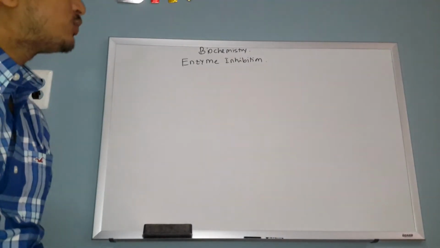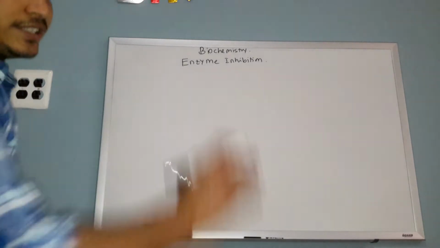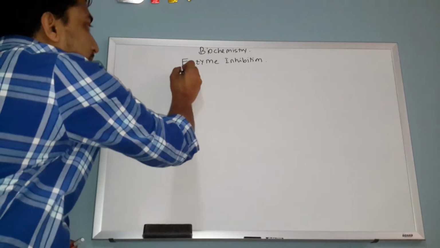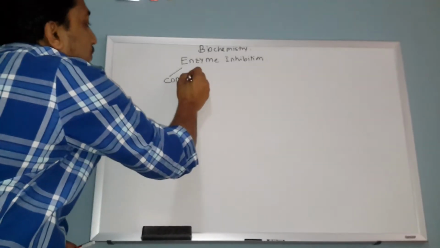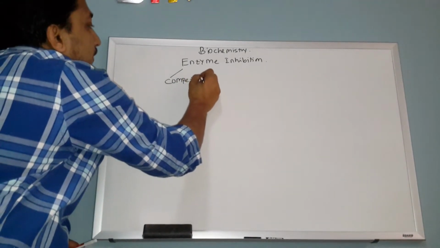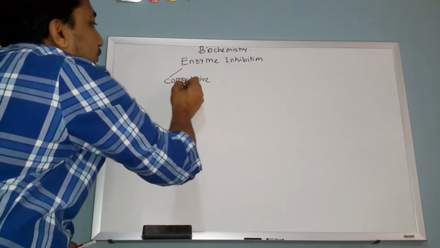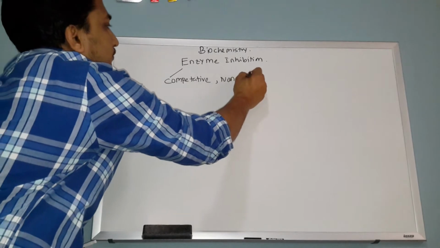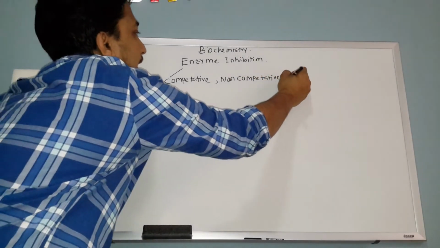Today I'll only talk about reversible inhibition. Reversible enzyme inhibition. There are three kinds of reversible enzyme inhibition: competitive, non-competitive, and uncompetitive.